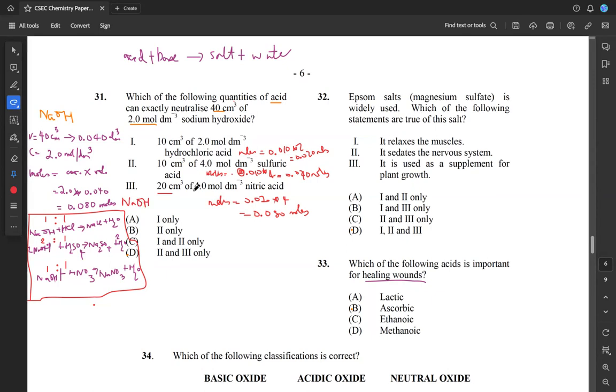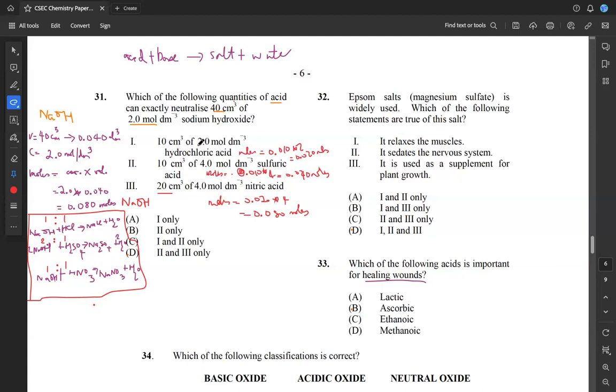Any one of these acids, right? All right, so let's see. If the molar ratio of sodium hydroxide to HCl is 1-to-1, then if I have 0.080 moles of sodium hydroxide, what's going to exactly neutralize that will be 0.080 moles of HCl, because it's 1-to-1. So the task is to find out how many moles of HCl we have.